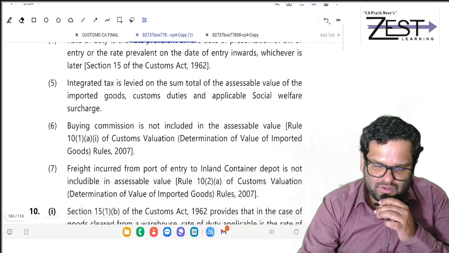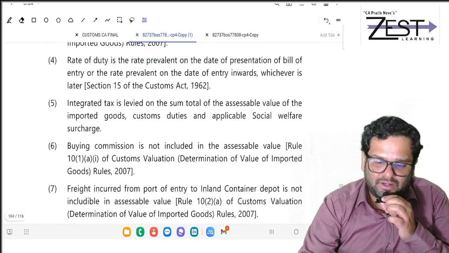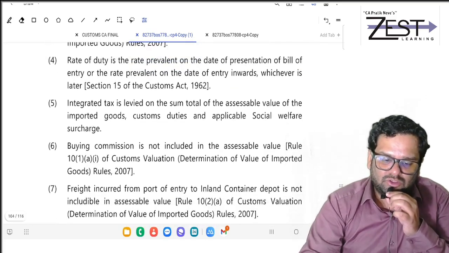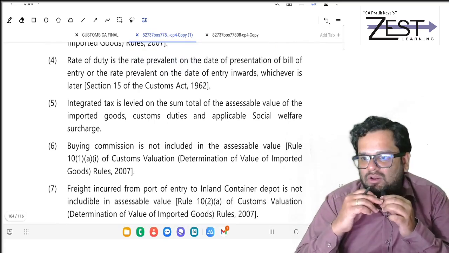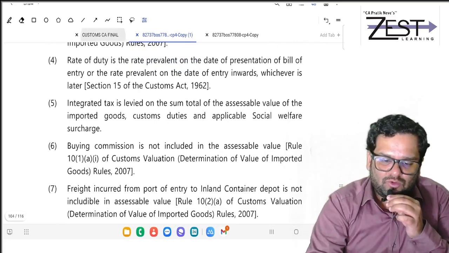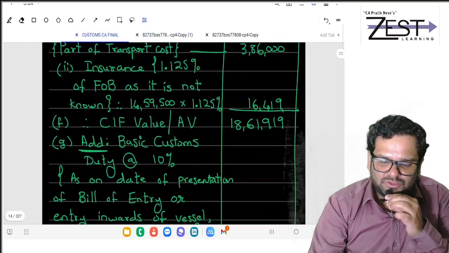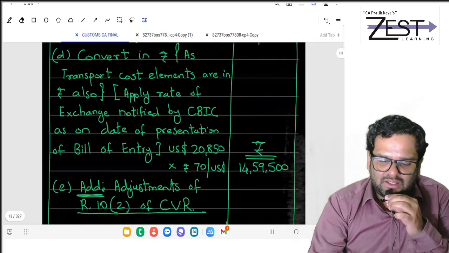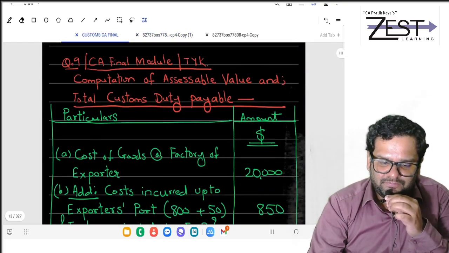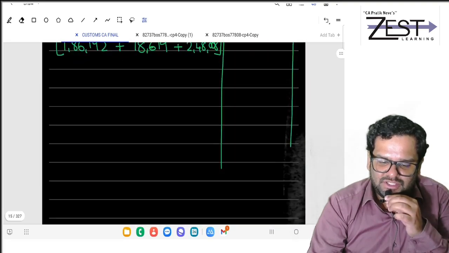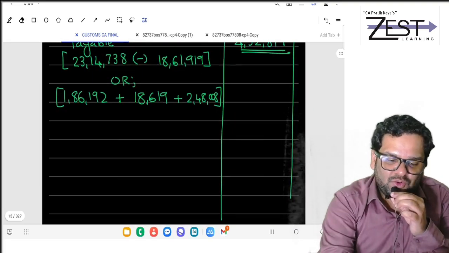So notes, we have already written the notes required, but you can also incorporate them. You can do them as homework. One important note you can write is for buying commission. Other things we have incorporated mostly. But will you take care of the notes, friends? Have you all understood in detail? May I go ahead?